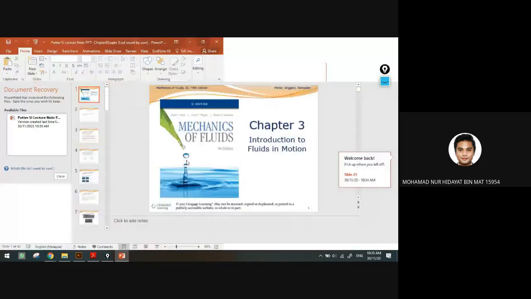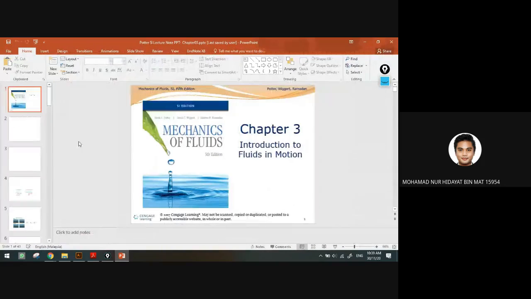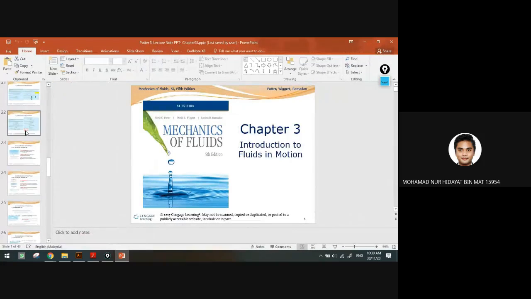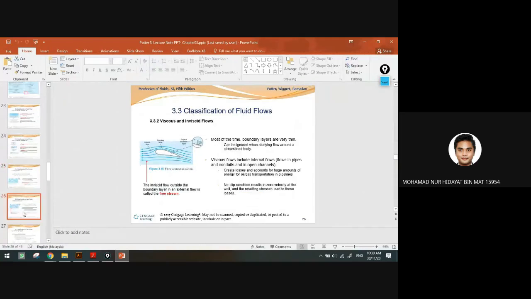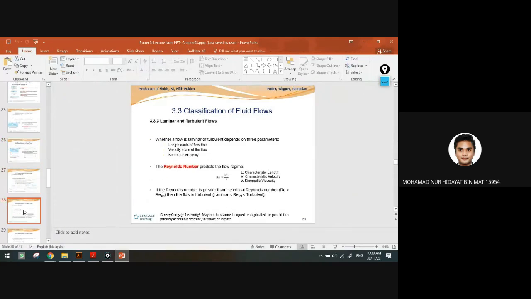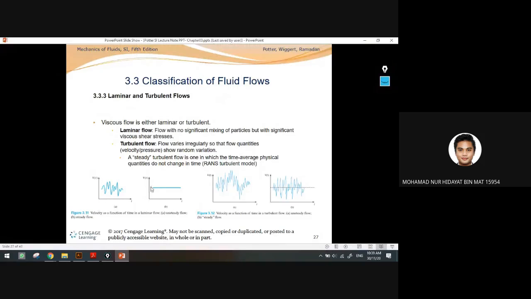When the flow has no variation with time, the velocity has no variations, this B we call the laminar flow. You can see this is the steady flow. This is unsteady flow.